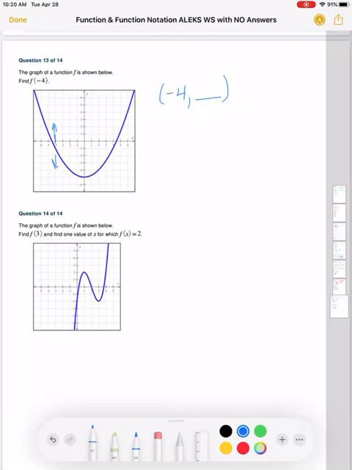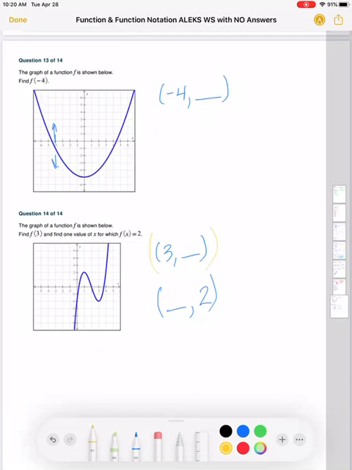14 is similar to what we've already done. It's a two-parter. First, it wants to know when x is 3, what is the y value? And then it wants you to tell Mrs. Broadgum, I guess, when you have 2 as your y value, what is your x value? So let's do this guy in yellow.